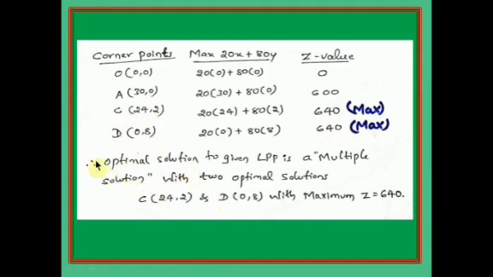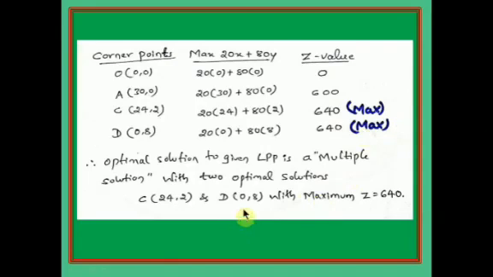That's why in the conclusion it is given: optimal solution to the given LPP is a multiple solution, because if it is equal to 2 or more than 2 times either the maximized value or the minimized value we are getting, we will be terming it a multiple solution. Here at least equal to 2 times it's there.